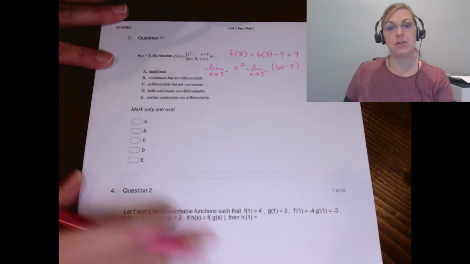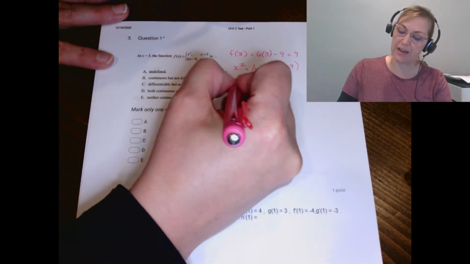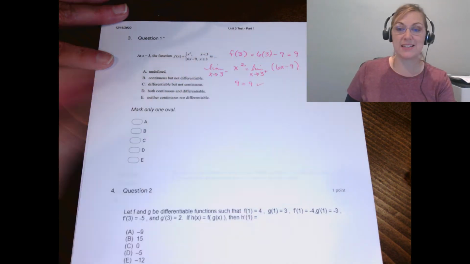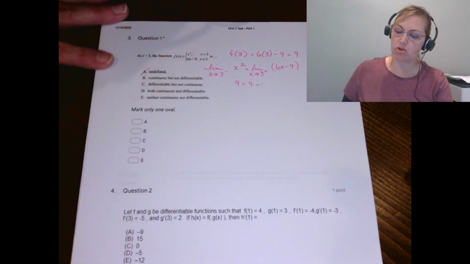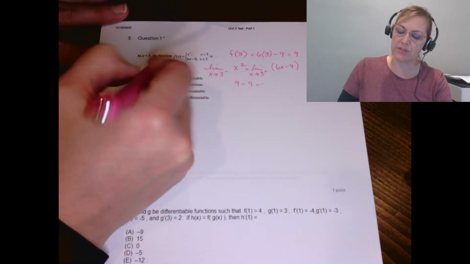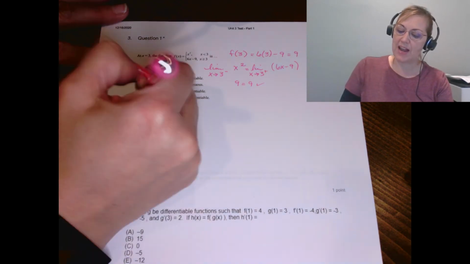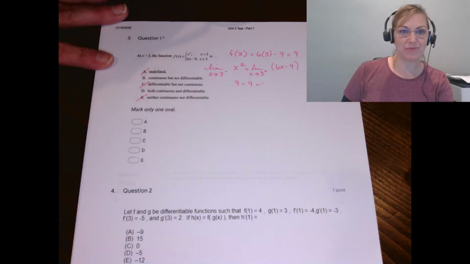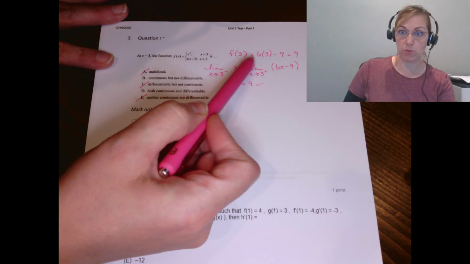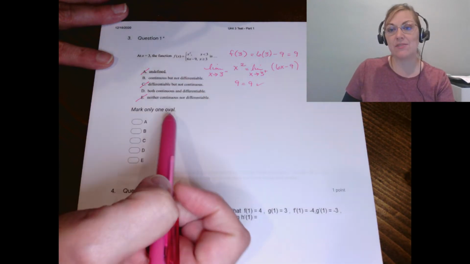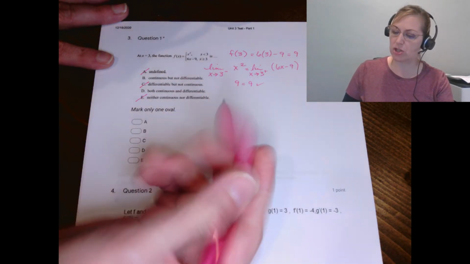Now do your substitution, and you'll see that you get 9 and 9. That tells us that we are continuous. So right now, I know that A is not true, and I know C is not true, and I know E is not true, because all three of those imply that the function doesn't exist, which we showed it does, or that the function is not continuous, which we just showed it is.